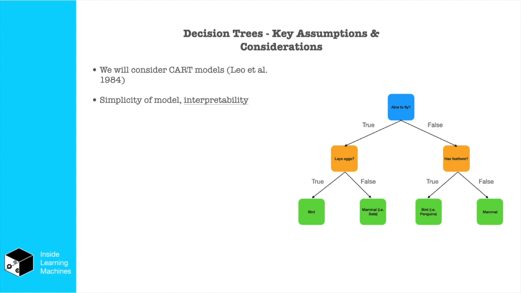You can draw out how information flows through the tree, how the decision making is done, and it facilitates the ease with which we can interpret how predictions are being made. So if we're working on a project where stakeholders are not only interested in having a model that is able to produce accurate predictions, but also want to be able to explain how those predictions take place, decision trees are a great option.